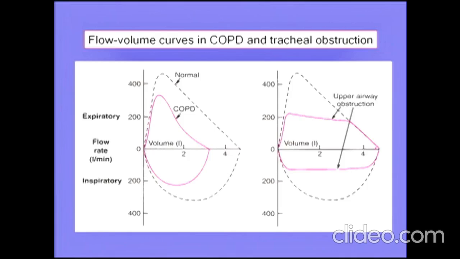But when you do this with tracheal obstruction, typically you get a flattening of both the expiratory and the inspiratory flow volume curves. Particularly the inspiratory one is very interesting, because the only situation, I believe, where you can get that is tracheal obstruction. So that's an important test.